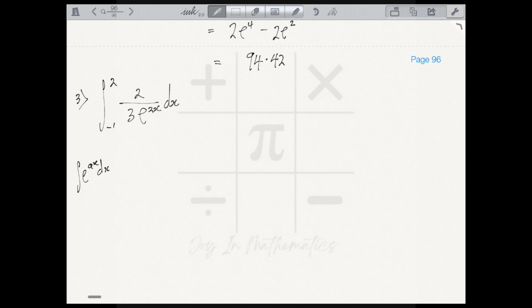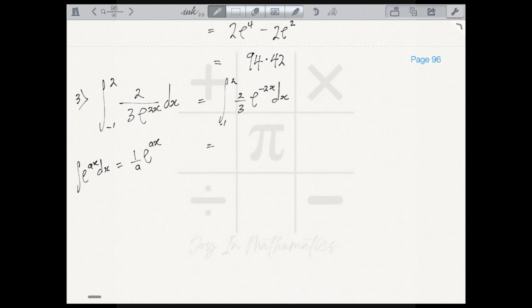To do this, we have to apply the law of indices, such that this will give us 2 over 3 exponential minus 2x dx. That means we're applying the law of indices. And integrating exponential ax with respect to x, we'll have 1 over a exponential ax.